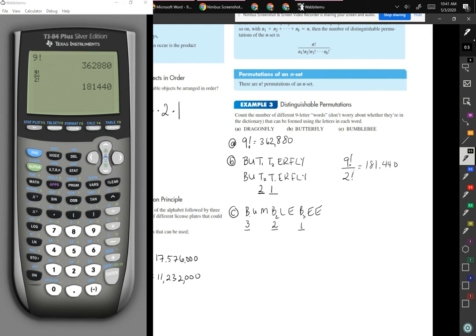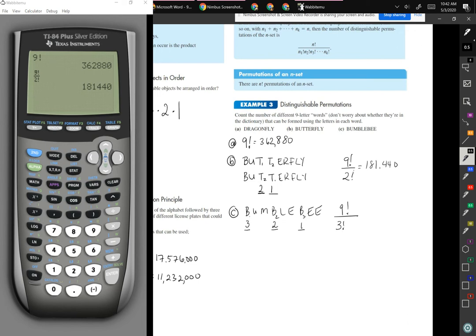And that means that in all the other arrangements there are 6 duplicates as well, which means we would want to do 9 factorial divided by 3 factorial, right?